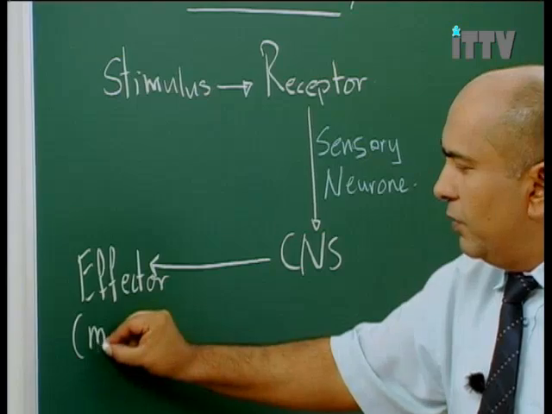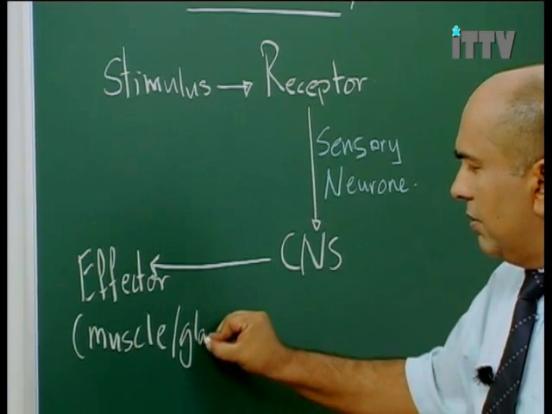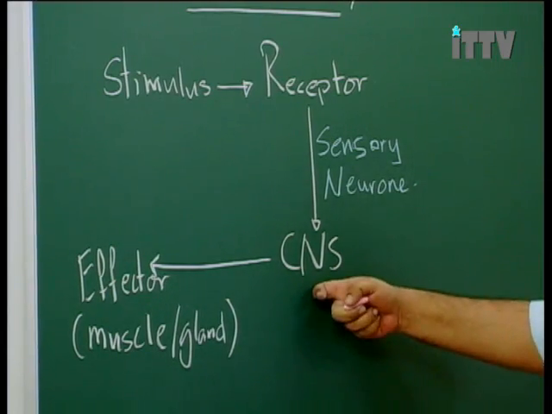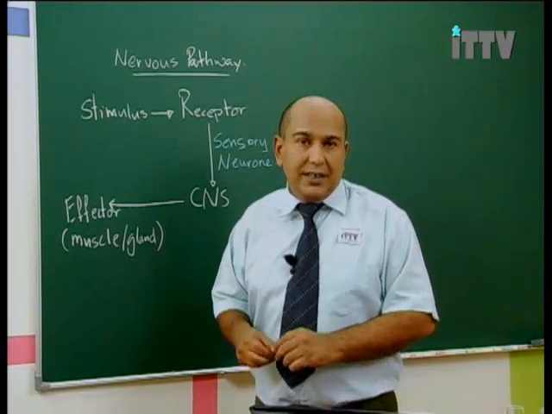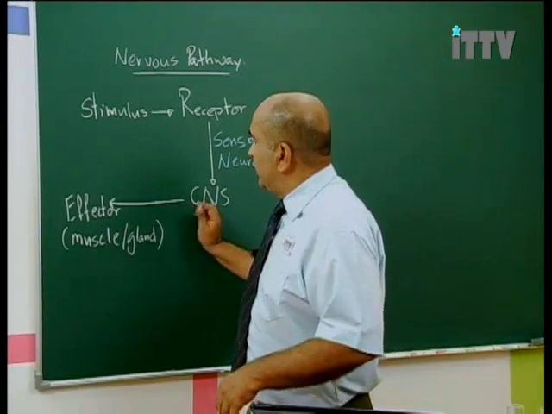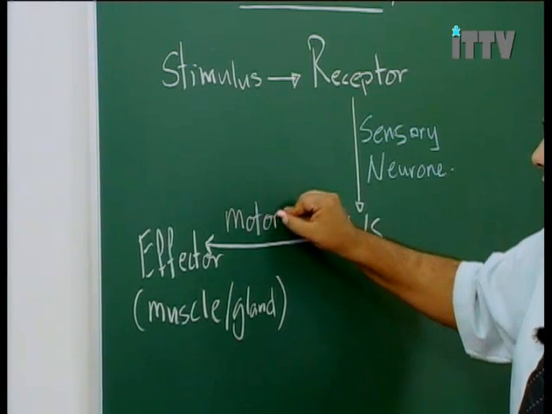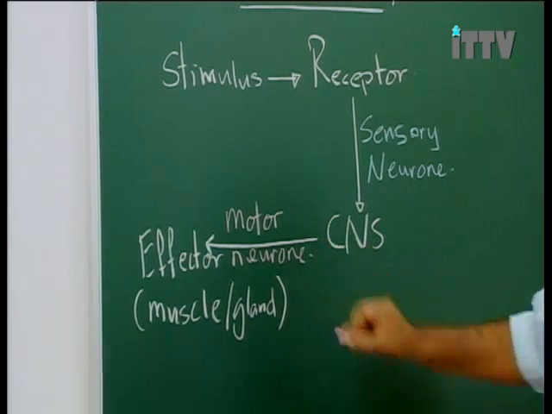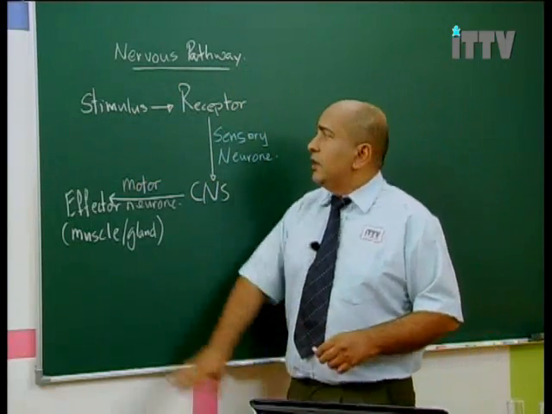which I said was either going to be a muscle or a gland. But how do we send the message from the CNS to the effector? This is where the motor neuron comes in. So we send it from CNS to effector through a motor neuron. So this is a typical pathway that we have.